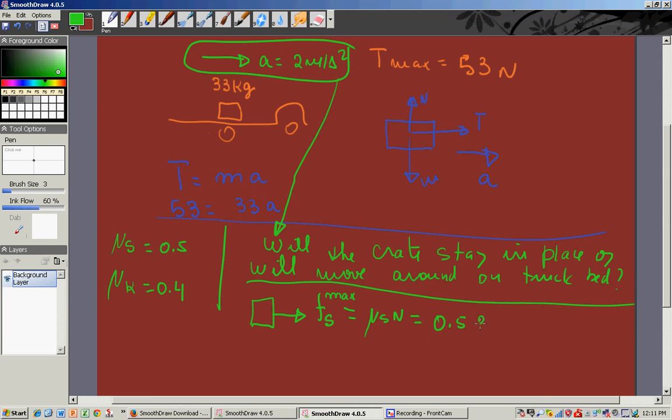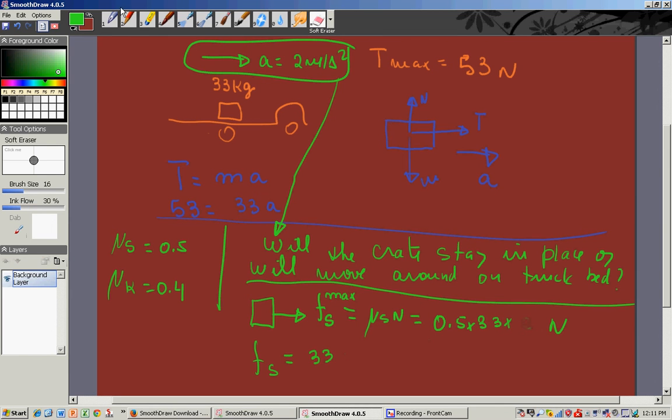In this case, the normal is mg. So it's 0.5 times the mass, which is 33, times g. This is the maximum force the static friction can handle.